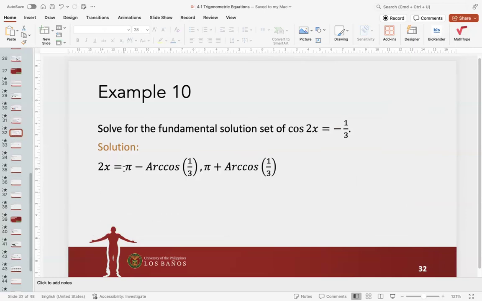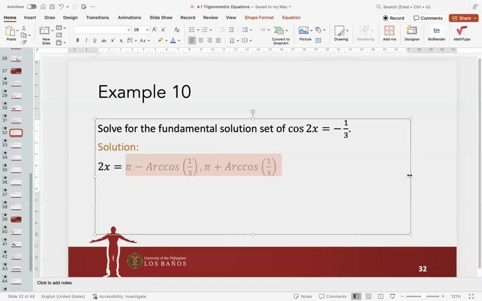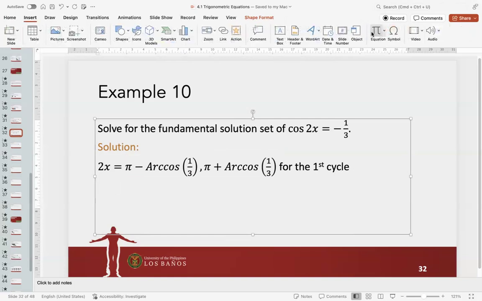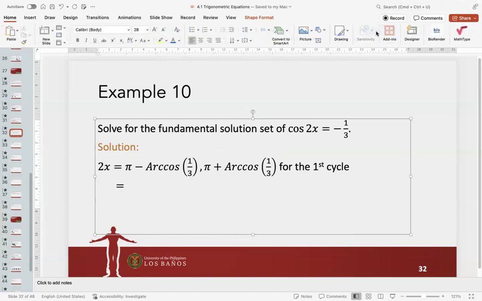So that means these two are just your solutions for the first cycle. Okay? We still need to get the solutions for the second cycle. So for the second cycle, so I'm just putting it here under so it will just not confuse you. So if we add 2 pi here, so that will just become 3 pi minus arc cos 1/3.